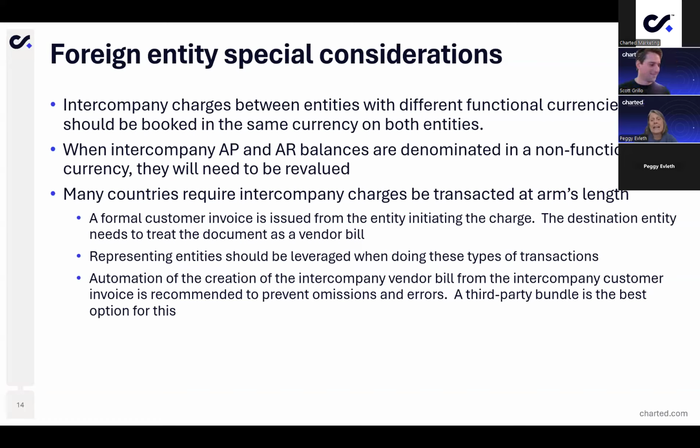So it can complicate things. So for arm's length transactions, understand for foreign entities what that really means, because you may have to do some different processes than you would with your US based entities.